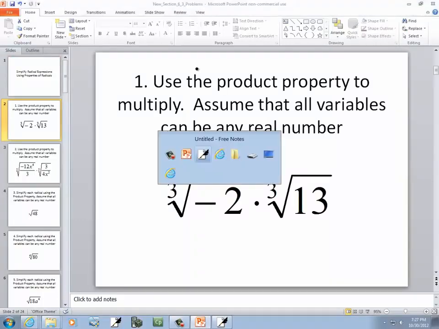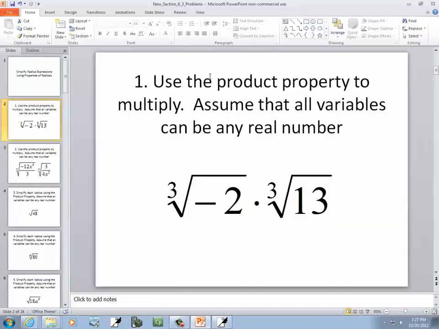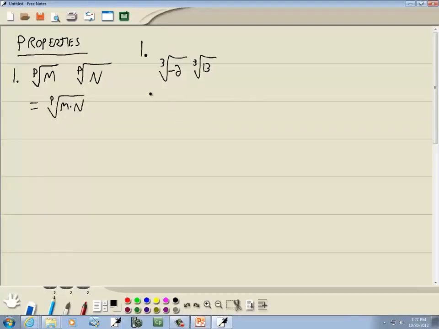So this first problem here, we have the cube root of negative 2 times the cube root of 13. It says use the product property to multiply, assume all variables can be any real numbers. Since the indexes are the same, we can multiply these together and put them underneath a single radical.